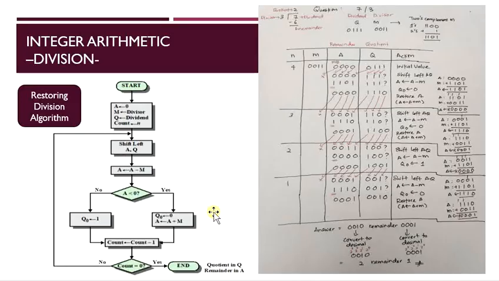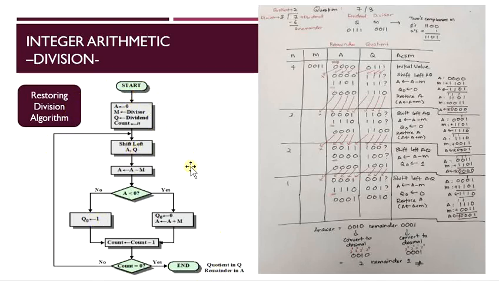How do you do the restoring division algorithm? This is the flowchart for the restoring division algorithm. For the manual part, you need to find another video, in which I manually show how to do the restoring division algorithm. For this video, I only explain the flowchart.